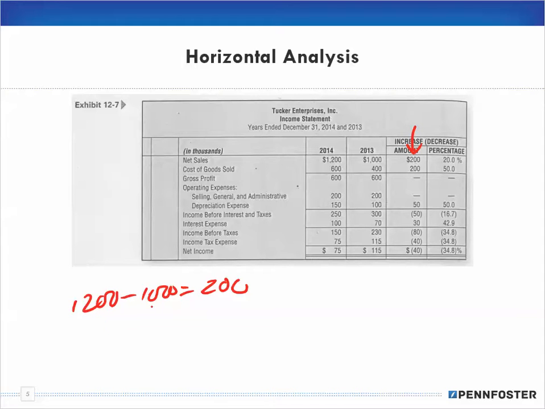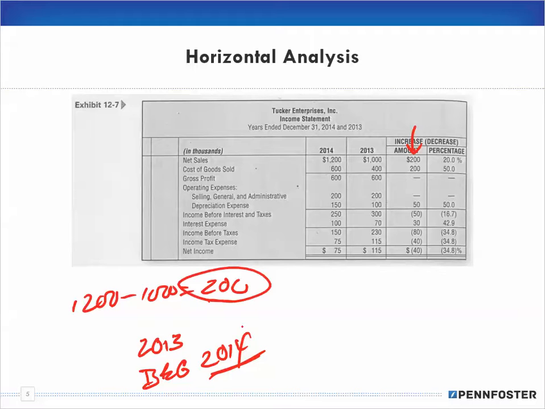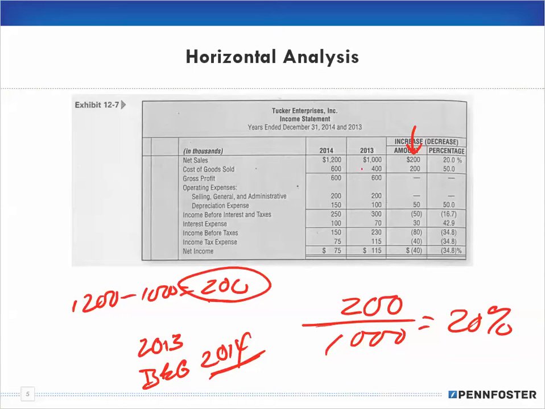Now, since this 1,000 was the end of 2013, which is the beginning of 2014, we use that number as our base because we're thinking about the difference that occurred during the entire year of 2014. So we start out with $1,000 as the base, and our difference is 200, which gives us our percentage. And you're doing that right across the statement for each and every number.